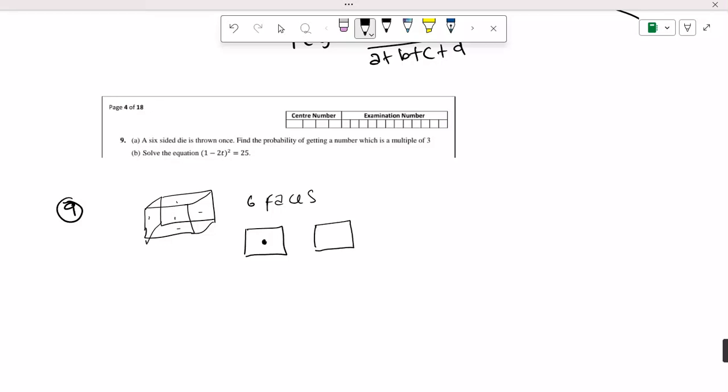If you roll it, the other side will have 2, then the other side will have 3, then 4, the other side will have 5, then the last side will have 6.